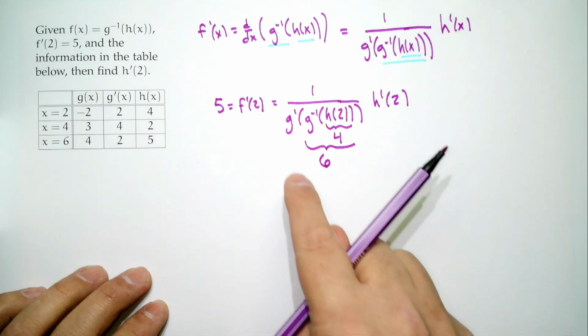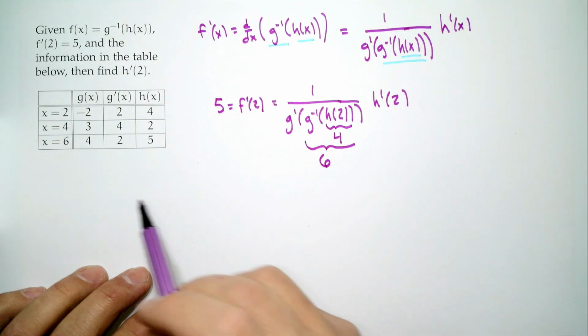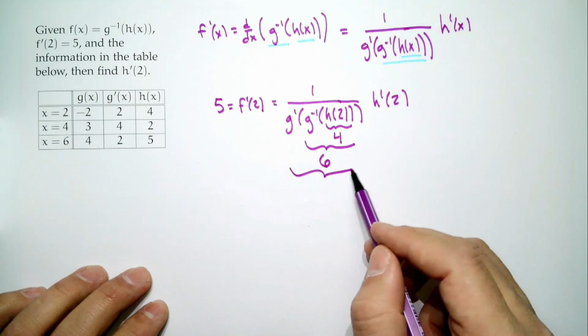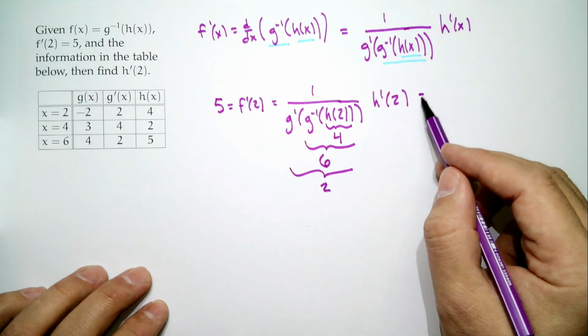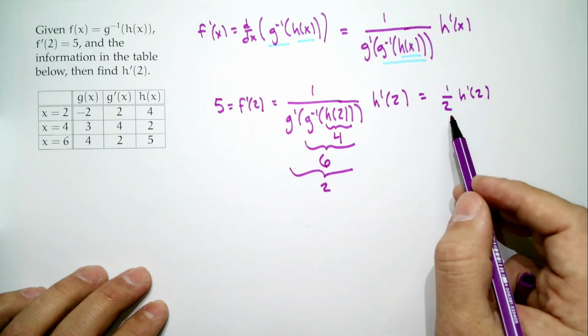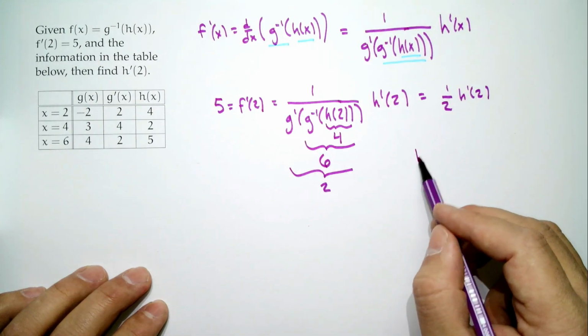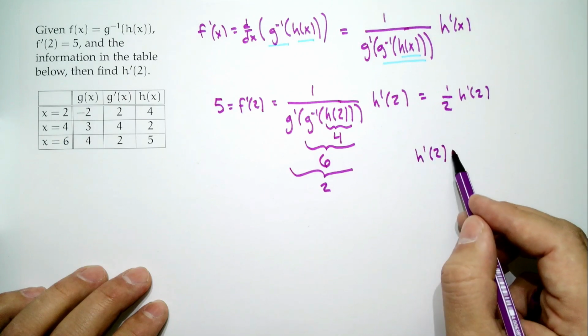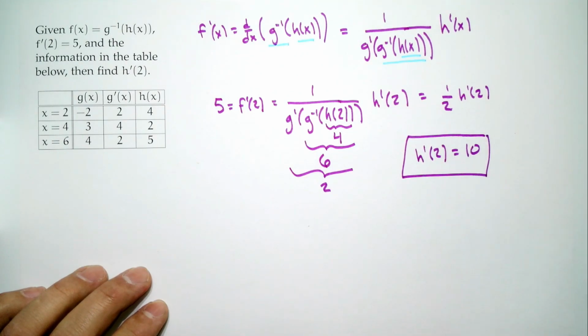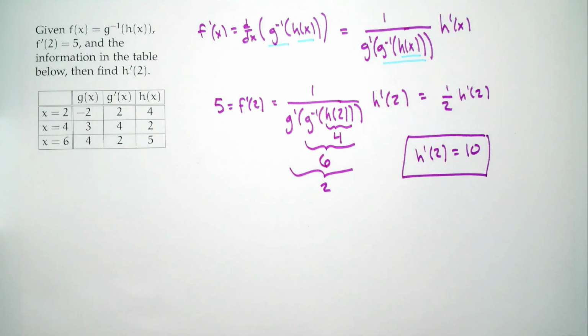All right. Do we know g prime of 6? g prime of 6 is 2. So that becomes 1 over 2 times h prime of 2. Now multiply both sides by 2, and we get that h prime of 2 is equal to 10. Full points on that problem. On to the next one. Good. I like this one.